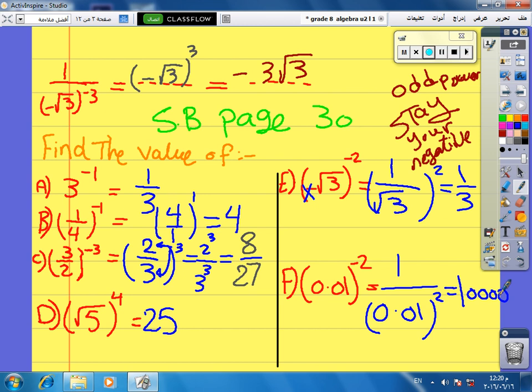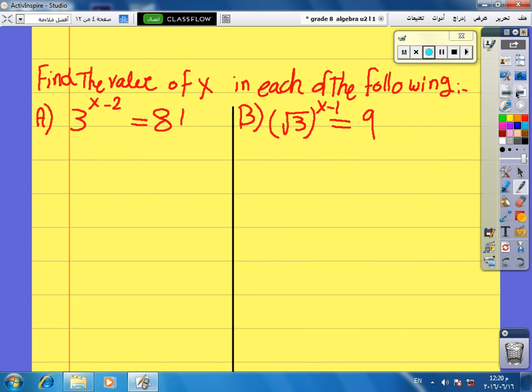Another exercise. Find the value of x in each of the following. We have studied before that when we have the same number in your base, let's write it here, 2 and 2, and the power here is x, and the power here is 5.